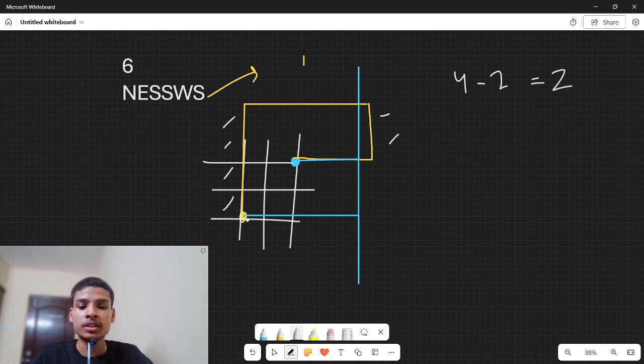Now for the second person, how many south did he go? First of all, he goes down to the 2 position, so that is minus 2. Then he again goes north, how many steps? That is 1, 2, 3, 4, 5, 6, 7, and 8, plus 8 for the north. Great. Now he again goes south, how many times? That is 1, 2, 3, 4, 5, 6, that is minus 6.